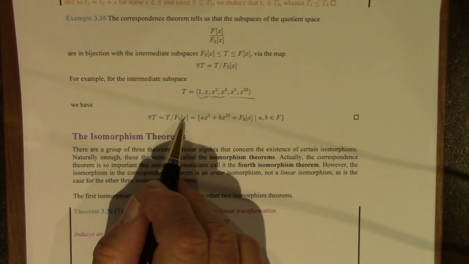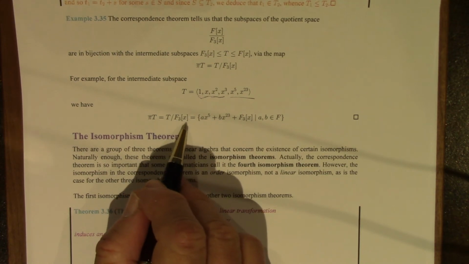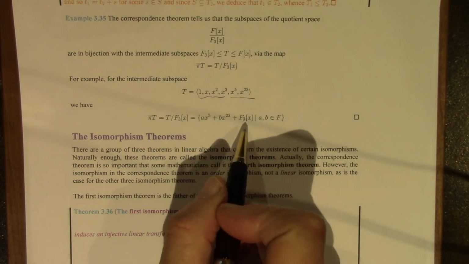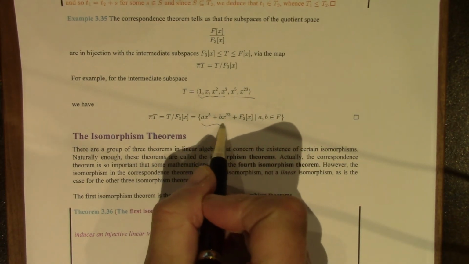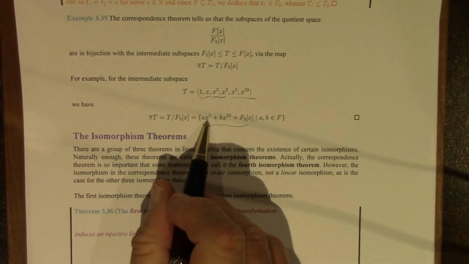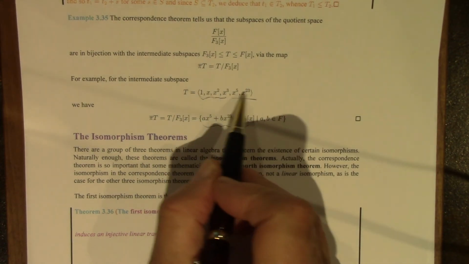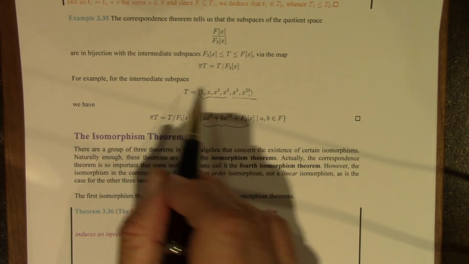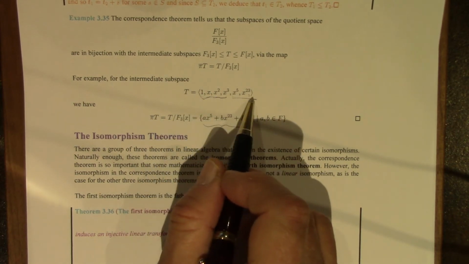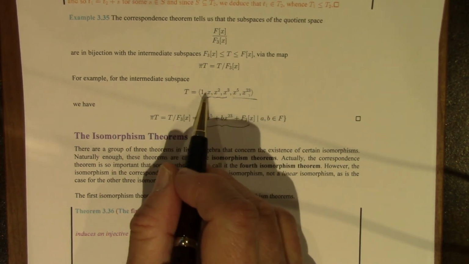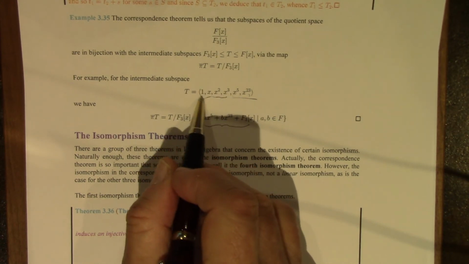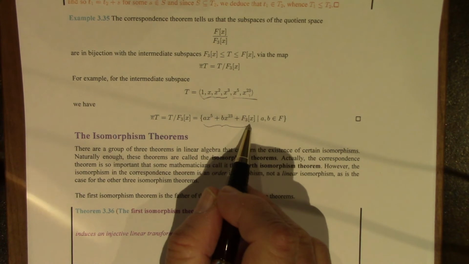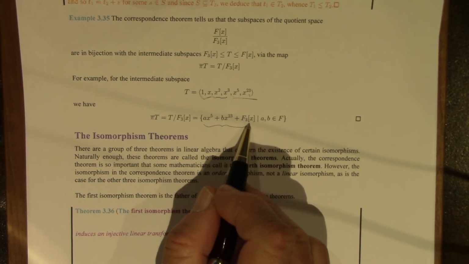When you factor out by F3[x], you get these cosets. This is a linear combination of these two vectors. The vectors in T, of course, are linear combinations of all these vectors, but the portion of the linear combination that involves 1, x, x squared, and x cubed gets absorbed into the subspace.